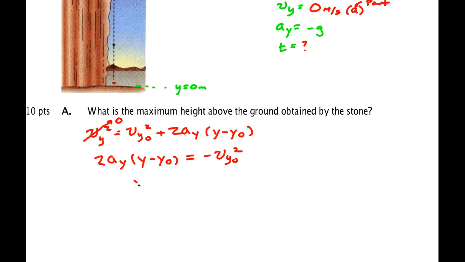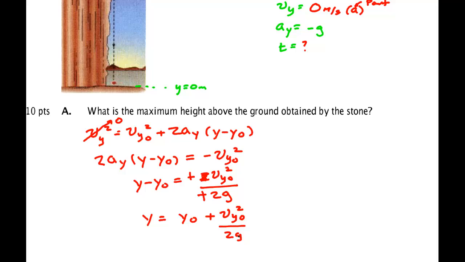Therefore y minus y naught is vy naught squared over minus 2g, and the minuses will cancel. And then y is therefore y naught plus vy naught squared over 2g.